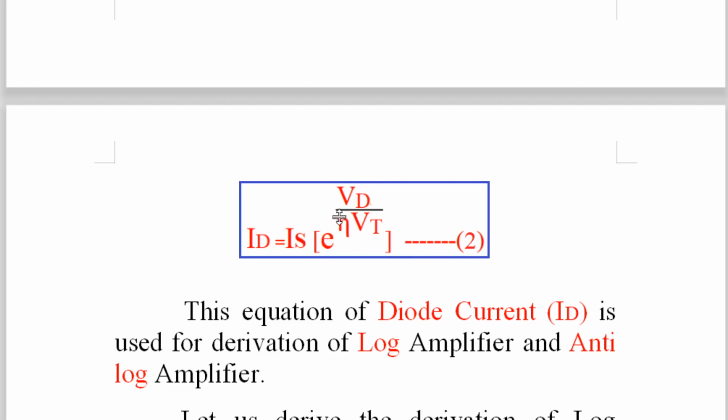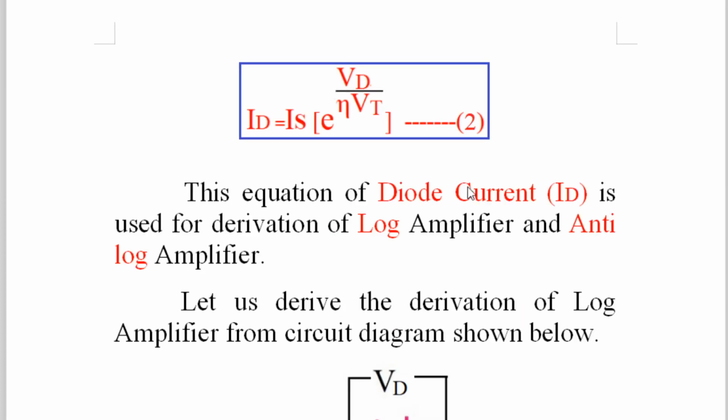So why have we neglected minus 1? Because at room temperature, this exponential term becomes very large. You can do the calculation and you will observe. So this is the equation which henceforth we are using directly in the derivation. We are not dealing with any junction capacitor, how the depletion layer is fabricated, how the barrier potential is fabricated.